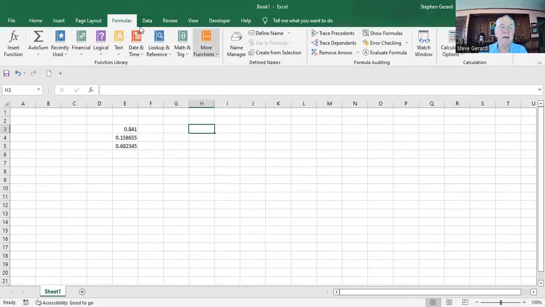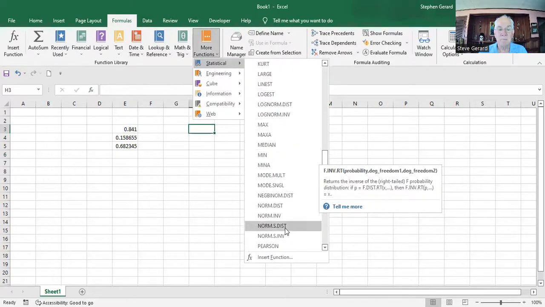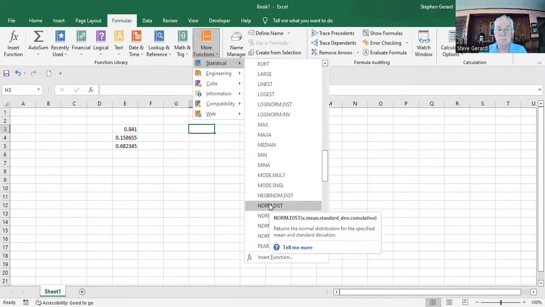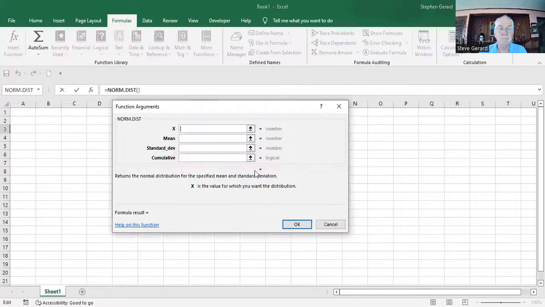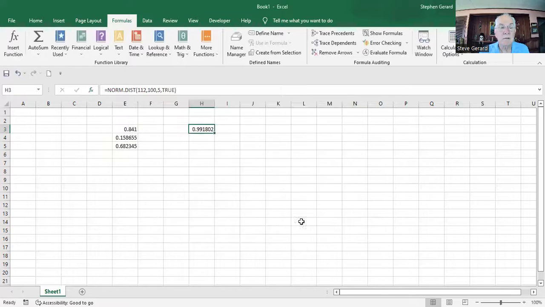Suppose I did, let me go back and do that over again. Suppose I want to say, what's the probability of being between, because I don't know this, a score of 112, with a mean of 100 and standard deviation of 5? 99% of the scores are going to be less than that.